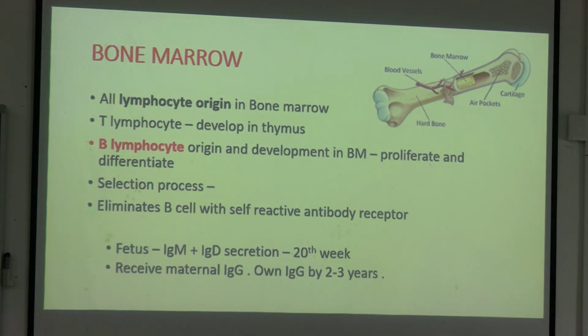Now there is a selection process, and there is also a timeline where you can see that in the fetus, IgM and IgD secretion starts from the 20th week, but the fetus receives the maternal IgG, and its own IgG develops by 2 to 3 years. So if you have to diagnose any symptoms or any disease in the fetus, if you detect IgG from the fetus, that is probably the maternal IgG cross transfer, because its own IgG takes time to develop. So that is the thing.